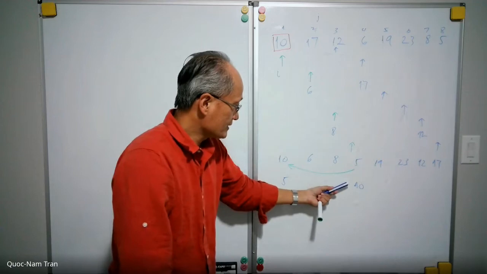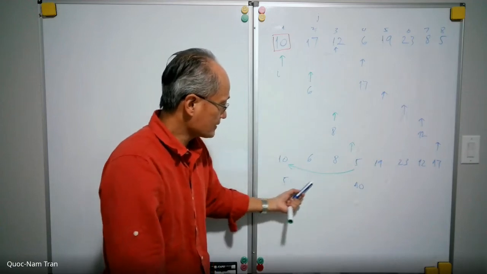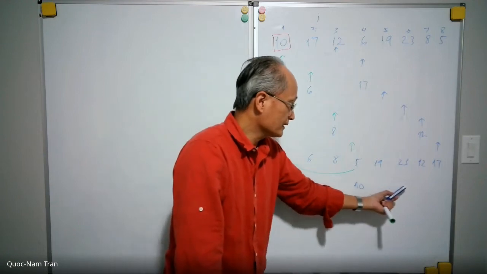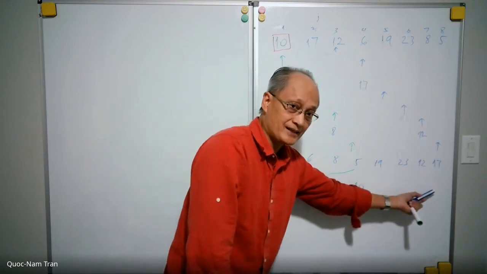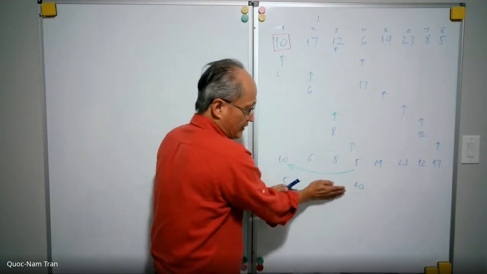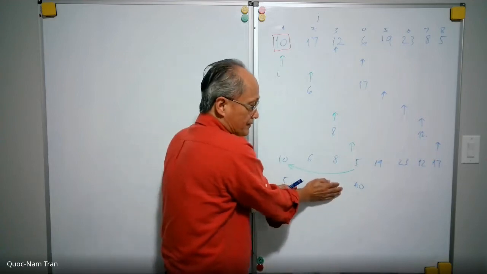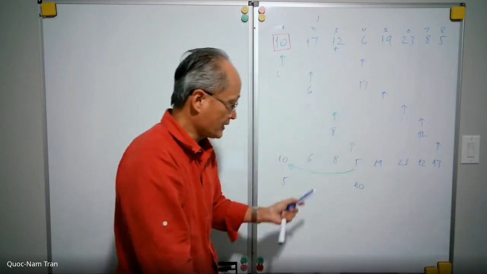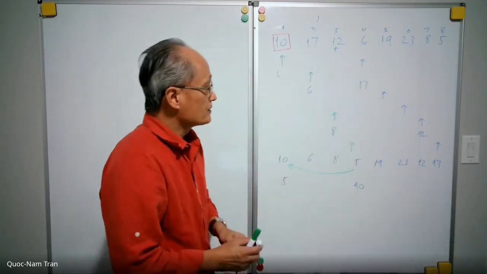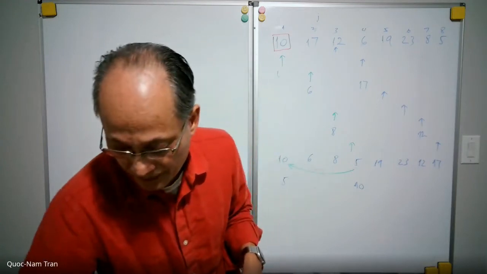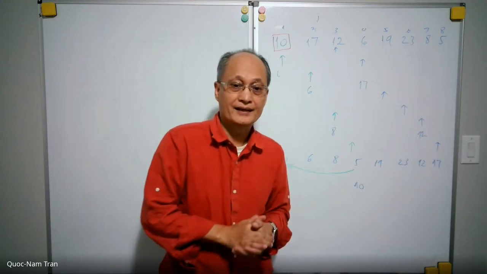And now you can see that here I have 5, 6, 8, right? And then here I have 19, 23, 12, 17. And then apply the quick sort for the left subarray. Apply the quick sort for the right subarray. Okay. So that is the partition for the quick sort.